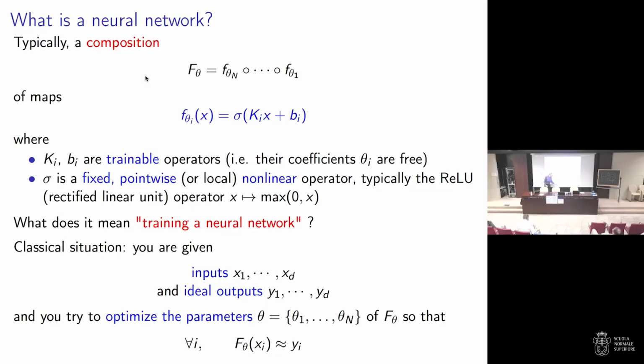So what you're trying to do is, on these millions of examples, tune your parameters to force the output f_theta of x_i to be close to the ideal result that you want. This is what training a neural network is. So of course, you're using what is called a loss function to penalize the difference between this and the ideal result.